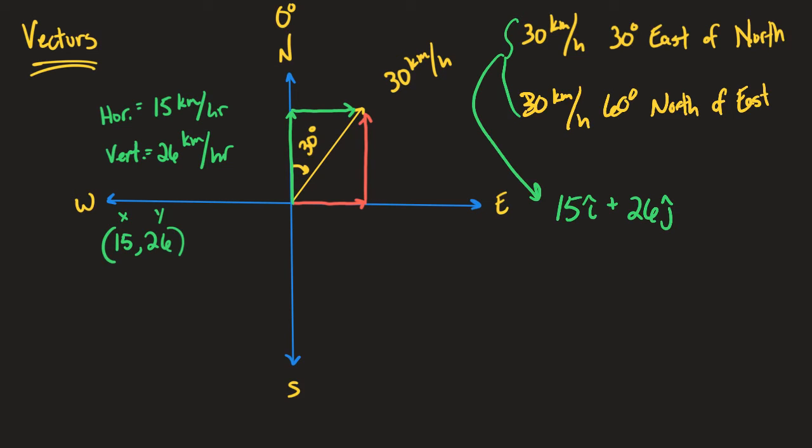But he also pointed out that you could just do I / and type the word hat. And apparently, Mastering knows what that means. But this is one way to write it. This is a vector statement. Another way, of course, to write it would be to actually write it as 15 x hat plus 26 y hat.